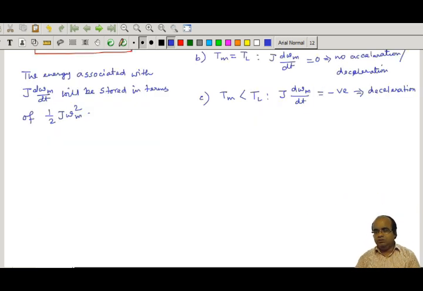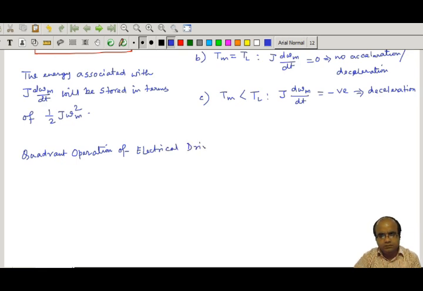Now coming to the quadrant operation of the motor load system or the electrical drive. Now we are having 4 quadrants.